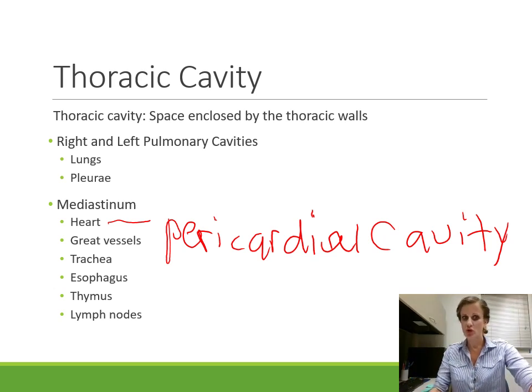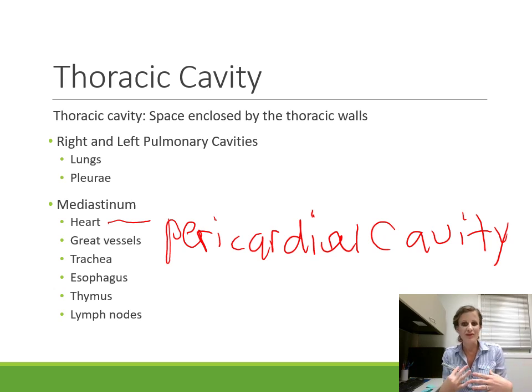The superior portions of the mediastinum contain the great vessels that connect to the heart. So by this I mean the aorta and its branches, the pulmonary trunk and pulmonary arteries, the pulmonary veins, the superior and inferior vena cava, all of the large vessels that are connecting to the heart.